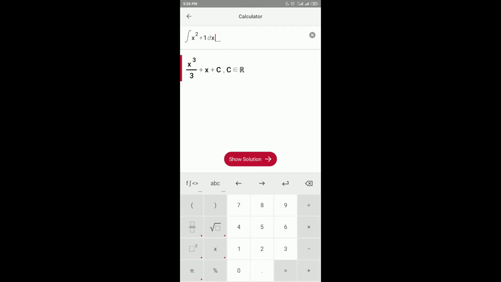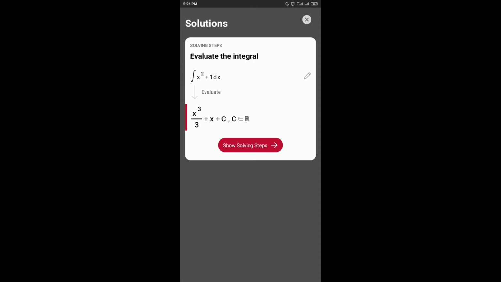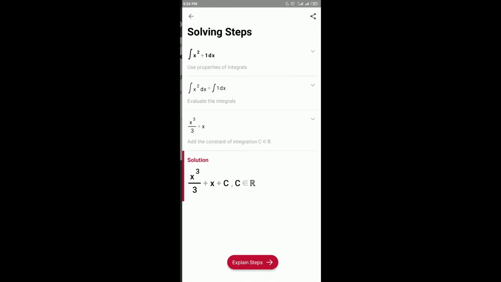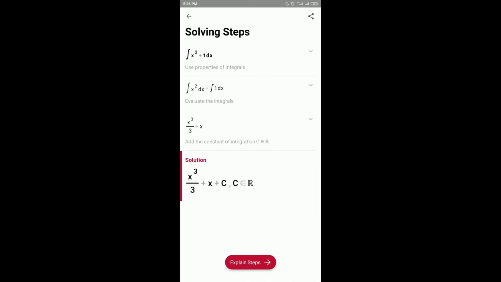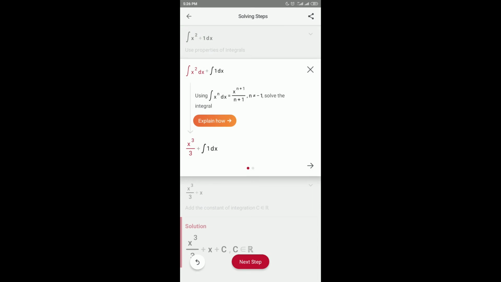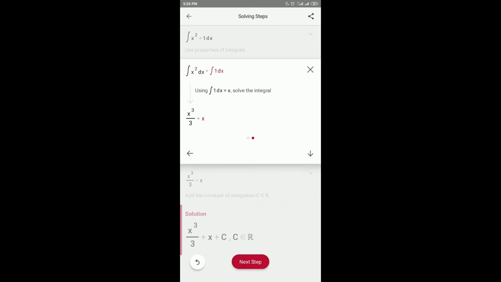It is the same as the scan: you can press show solution and show solving step, then we will get the same page as scanning the question. It will explain in more detail about solving this question.